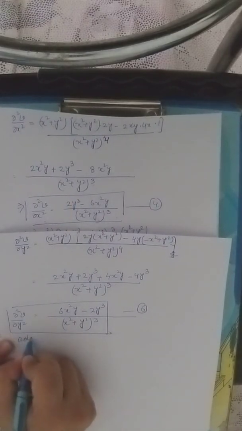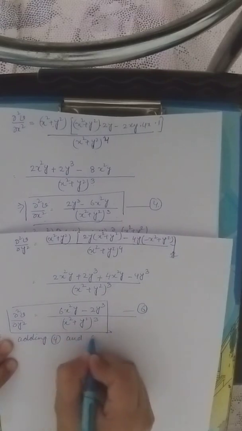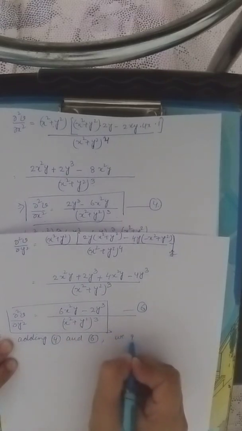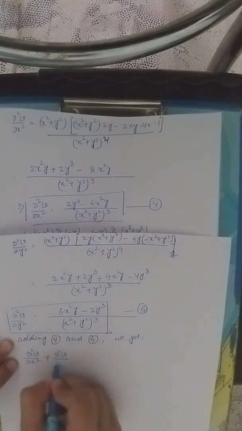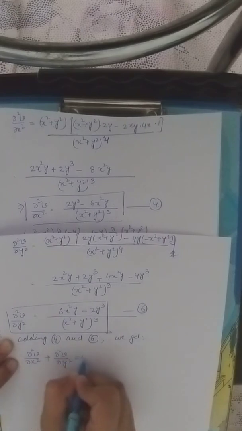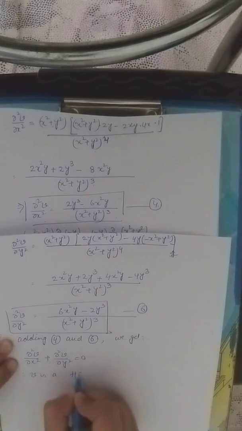Adding 4 and 6, we get ∂²v/∂x² plus ∂²v/∂y² equal to 0. Therefore, v is a harmonic function.